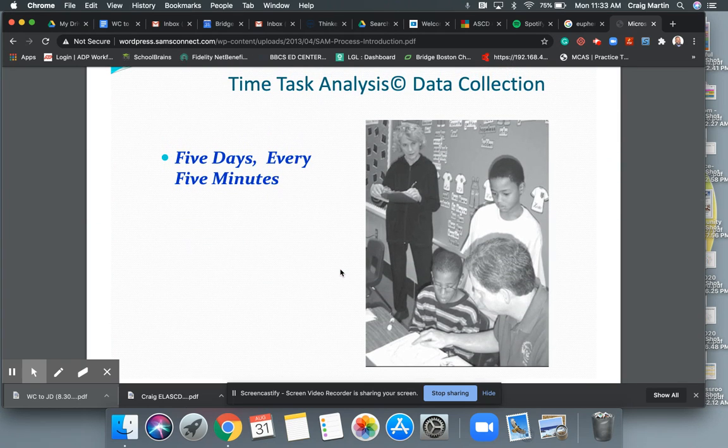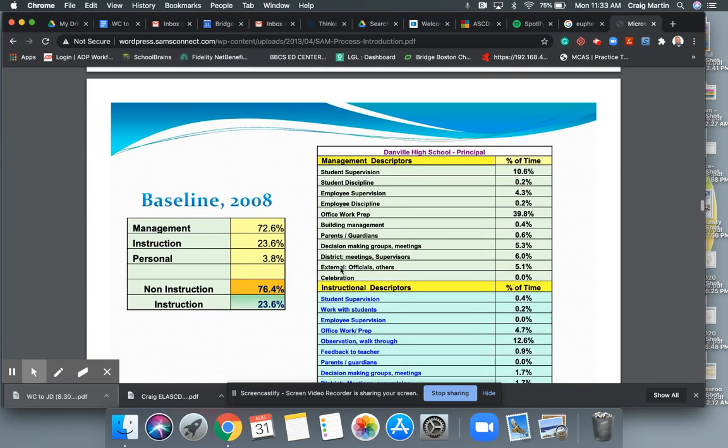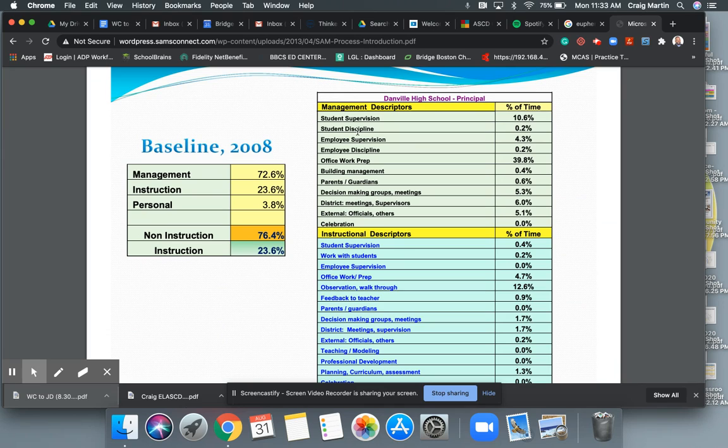It is very interesting to see how, through this process, I started to look at what I was spending my time on. This is for someone else, but they figured in the beginning, and this is what many principals do, you spend a lot of time on management and a little bit of time on instruction. So the real question is, how do you get the number of instructional minutes up and management down?